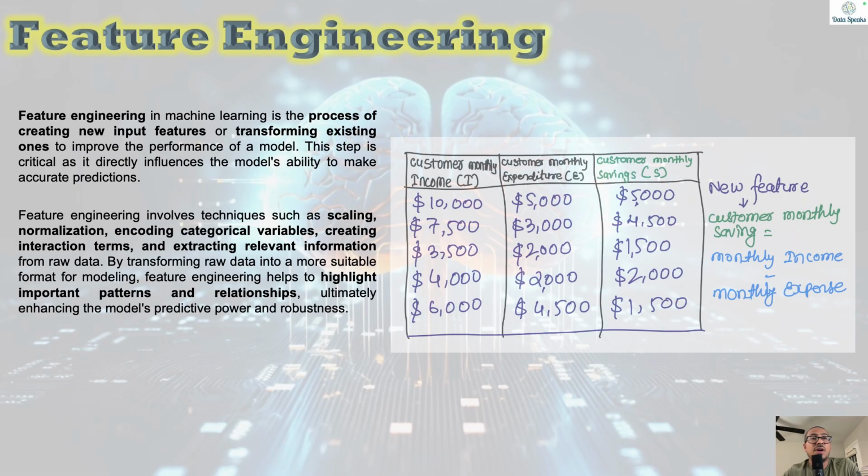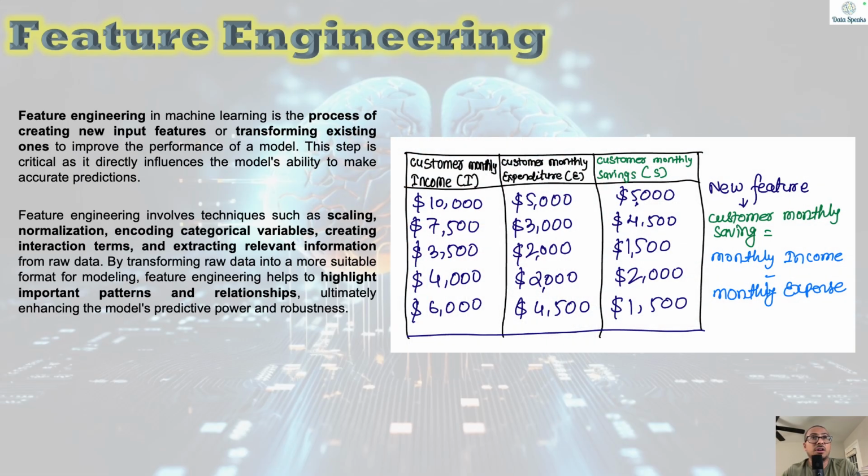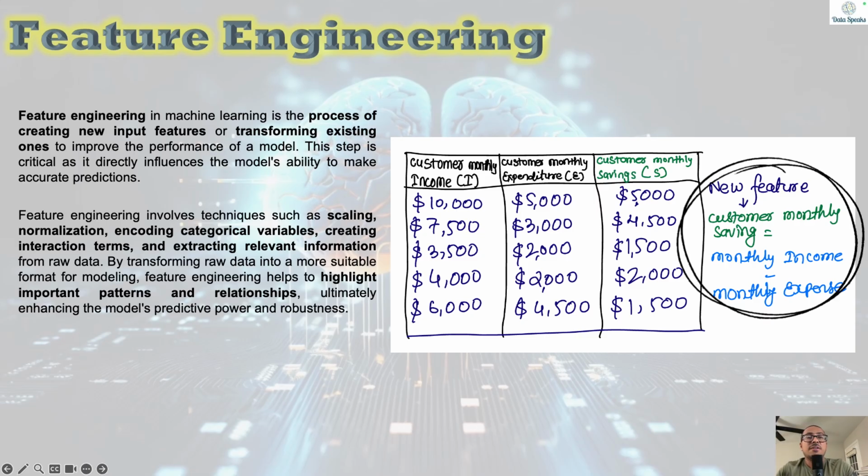Think about, you have the customer monthly income and customer monthly expenditure columns within your data. Now you want to calculate some more informative column to understand if the customer is going to spend some amount of money in your grocery chain that you have in your local area. So to do that, you may want to find out the monthly saving that the customer does.